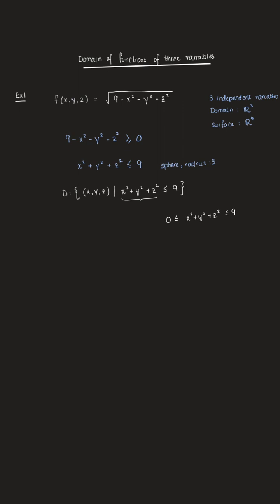So if we think about the graph of our domain in R3, we have a sphere of radius 3, but these are all the points whose squared sum of each coordinate is less than or equal to 9, which means that we actually have the inside of the sphere as well as its boundary. So we have a ball of radius 3.